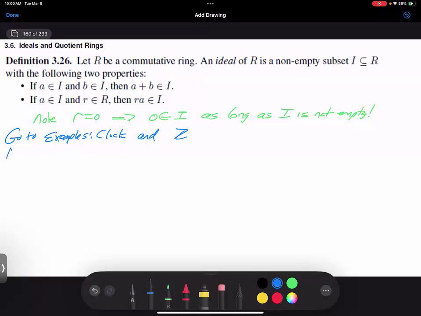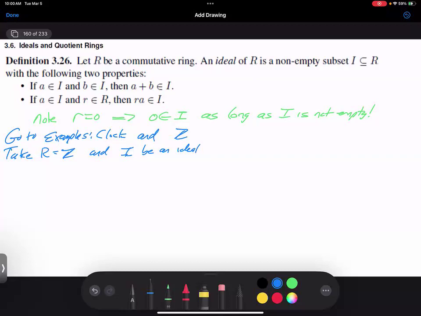So let's take R equals Z, and let I be an ideal. Okay, so let's try to figure out what are the possible candidates.